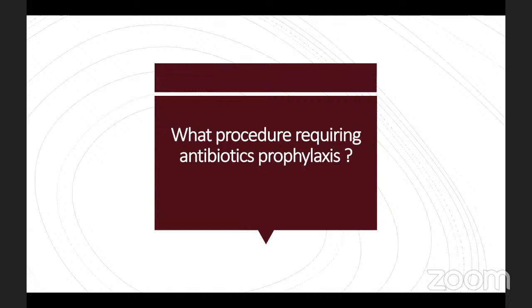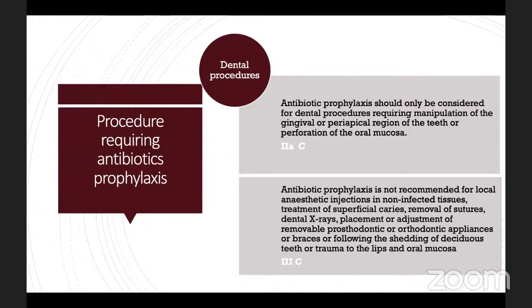What procedures require antibiotic prophylaxis? In dental procedures, antibiotic prophylaxis should only be considered for procedures requiring manipulation of the gingival or periapical region of the teeth or perforation of the oral mucosa. It's class 2C.